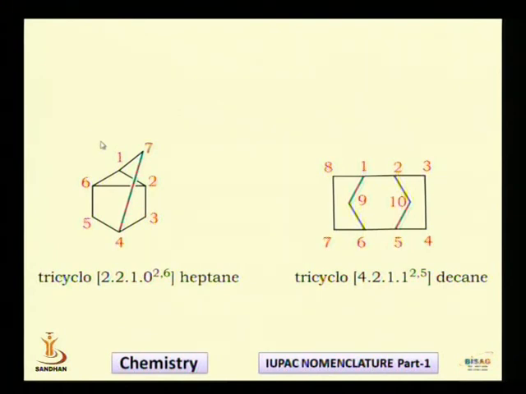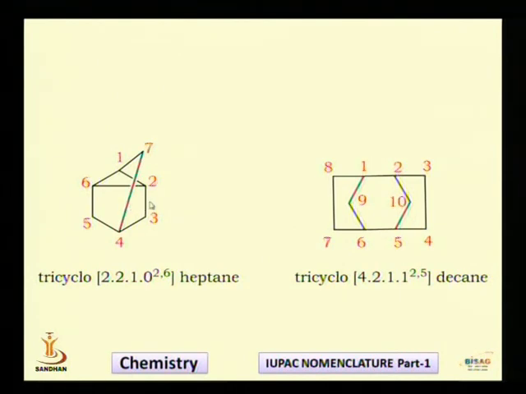See, this is an example of a tricyclic system, and you must be familiar with how to decide the number of cycles. Suppose I break this bond, then the system will remain bicyclic. Again I break one more bond, then it becomes monocyclic.